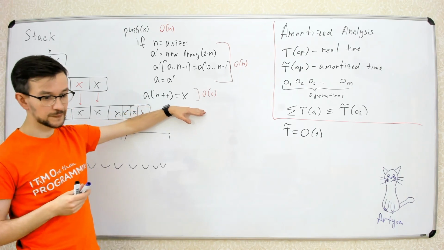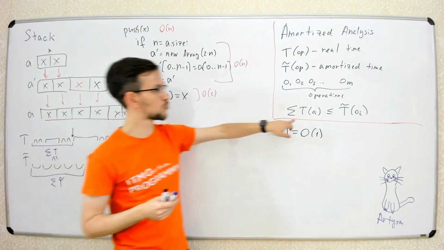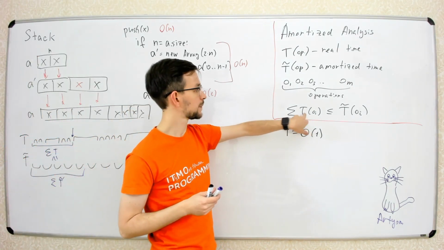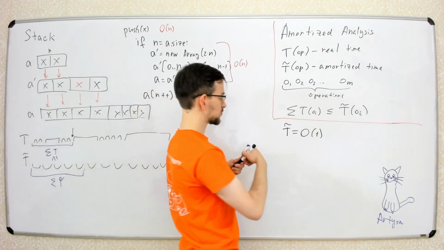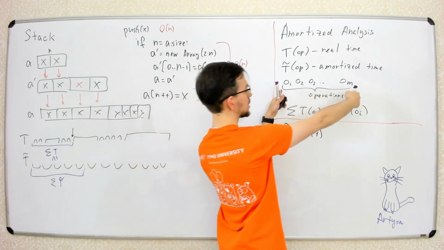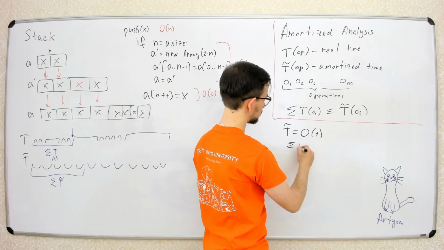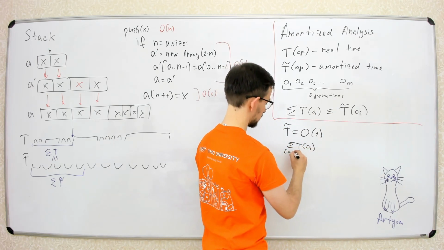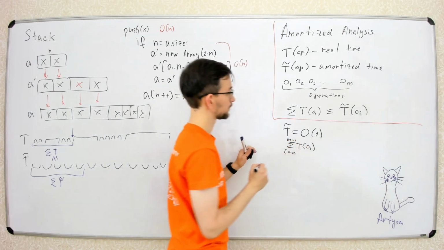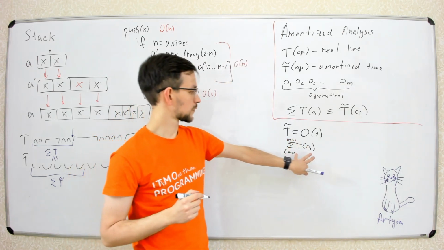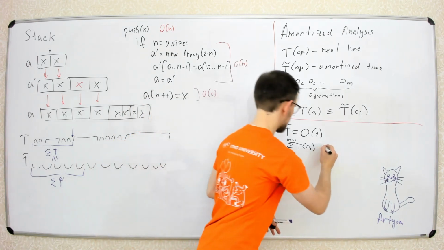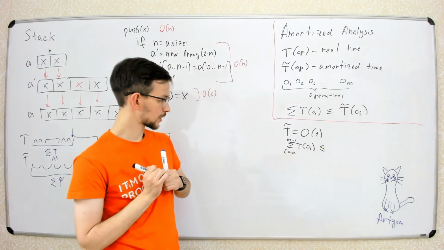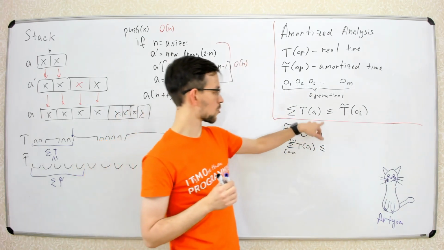How to prove this? To prove this, we need to prove this property. So we need to prove that for each prefix, if we make some sequence of operations, the total time of these operations for i from 0 to m minus 1 should be no more than some constant.